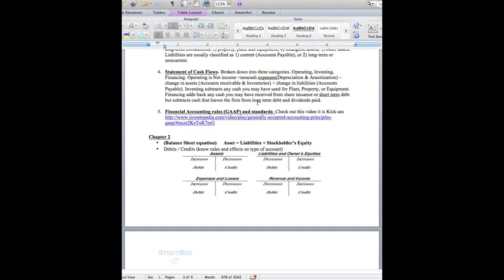So you'll add that back into your statement of cash flows under financing. But if you were to buy back some of your own common stock, cash is coming out of the firm because you're buying your own stock, so you're going to subtract that. So just remember, the statement of cash flows is just a reflection of how much cash is on hand.